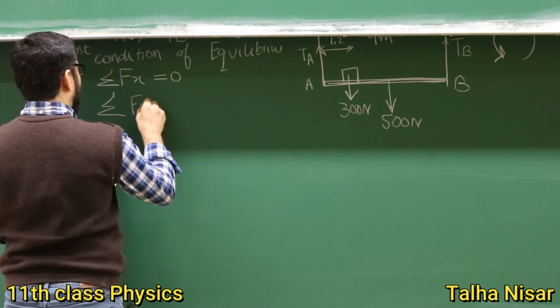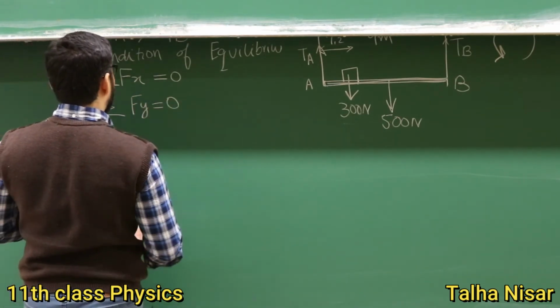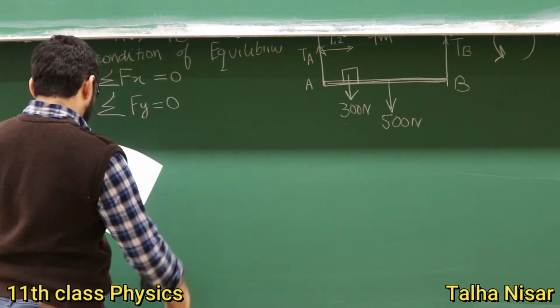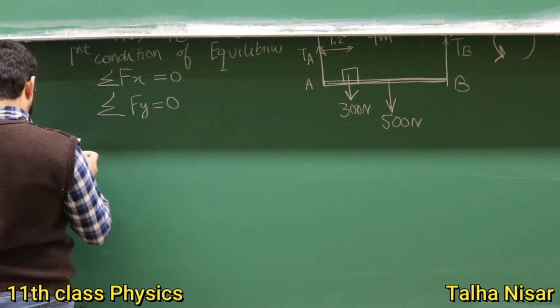According to the first condition of equilibrium, the net force in the y direction must also be 0. So what forces are there in the y direction?